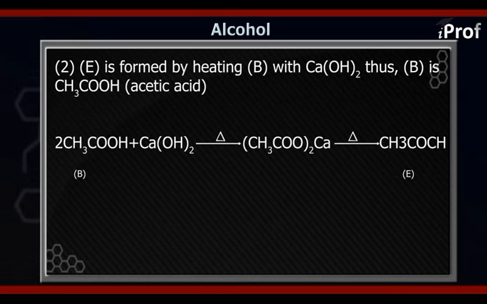So if you generalize this part also, that E is being formed by heating B with the calcium hydroxide, thus we have strong reasons to claim that B will be acetic acid.